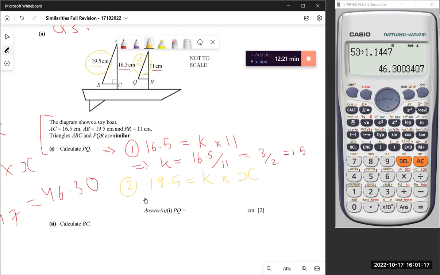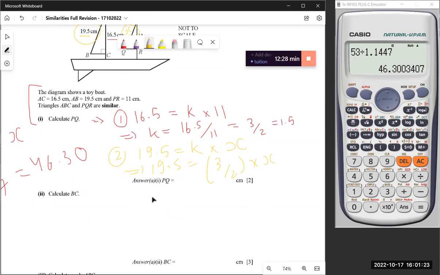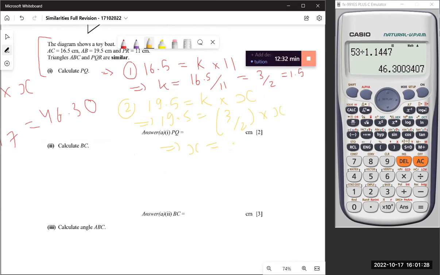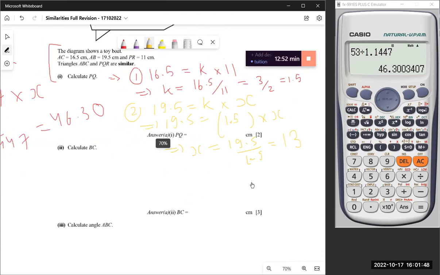Now in K, we're going to put the 3 by 2, so 19.5 is 3 by 2 into X. Therefore, X, we'll take this to the other side. Let's write 1.5 for you. So 19.5 divided by 1.5 is equal to 13. Now, any doubts?